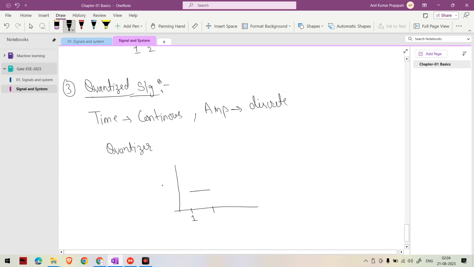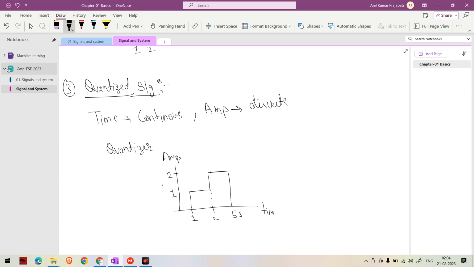For example, a signal like this. One, two, and say 5.3, for example. So this value you can say 1, this value you can say 2. This is our amplitude axis, this is time.